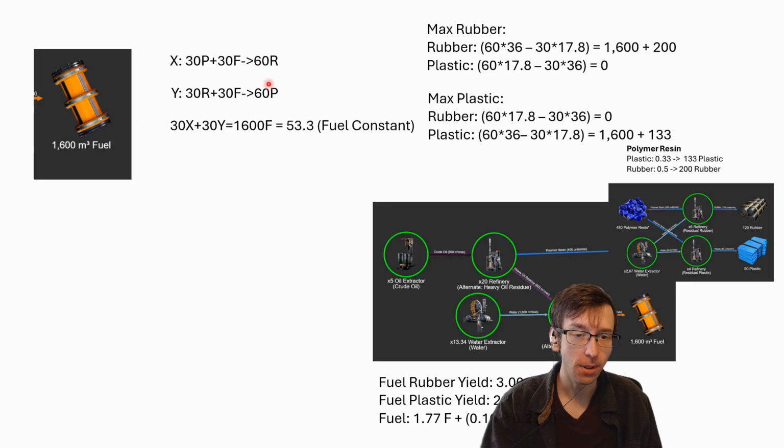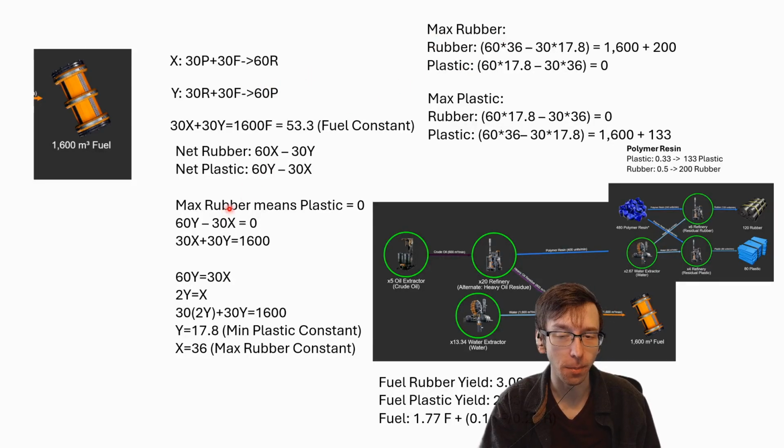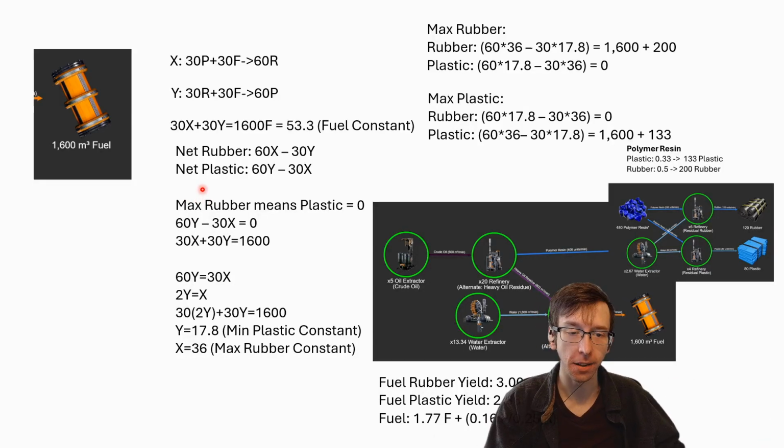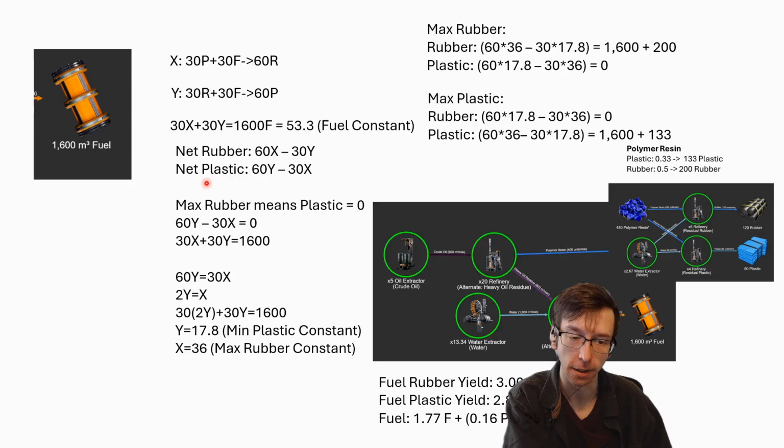If you want to make as much rubber as possible, you want the net output of the plastic of this plant to be 0. You want to make just enough plastic to recycle into as much rubber as you can.